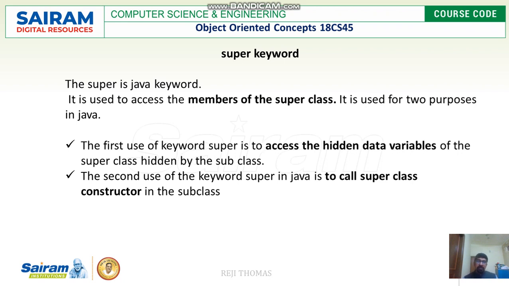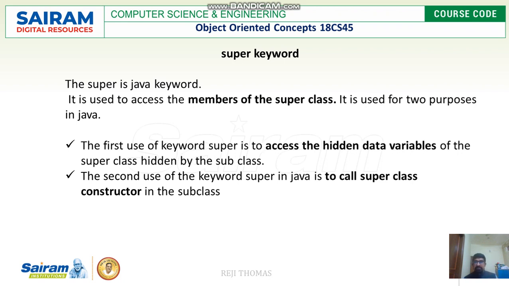One is there are cases where data variables in the superclass will be hidden by the subclass. To access these hidden data variables, we can use the super. And the second use is to call the superclass constructor.